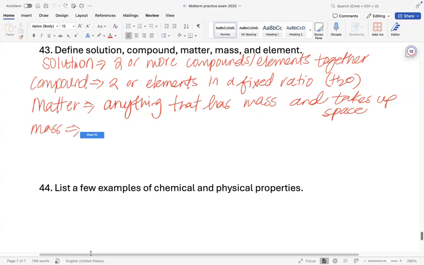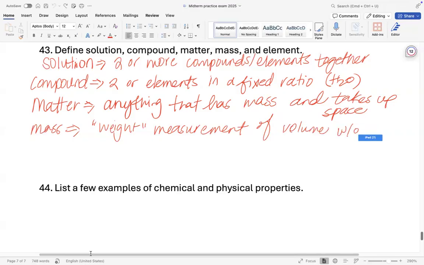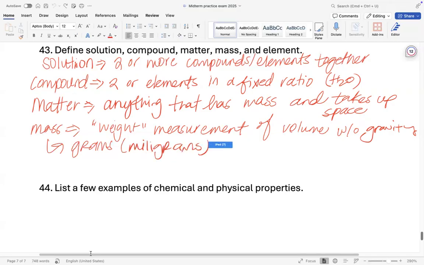Mass is, you can kind of think of it as like weight, but it's a measurement of volume and like gravity, kind of, without gravity. It's going to be things like grams, milligrams, anything with the prefix of grams. It's how much space something takes up. That's another way of describing it.